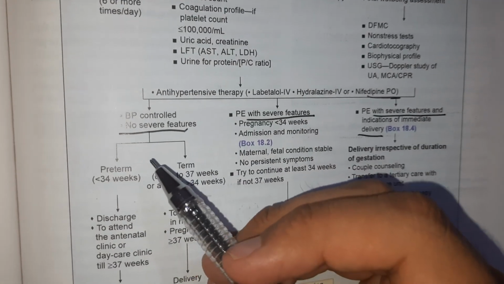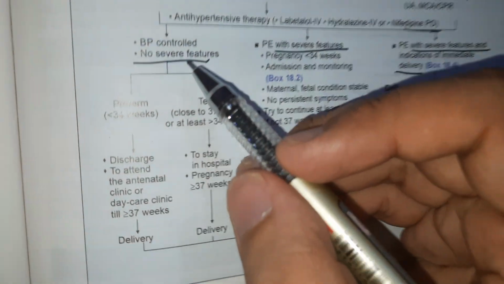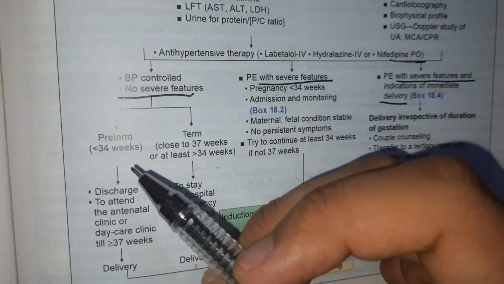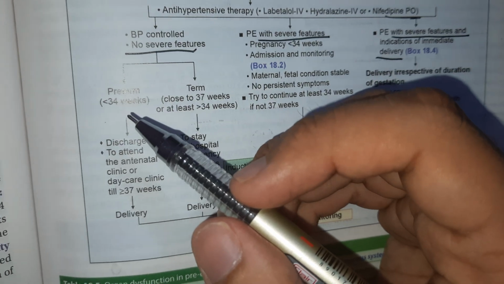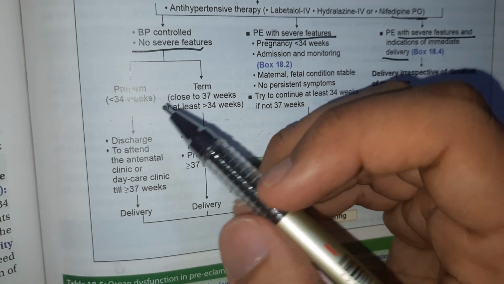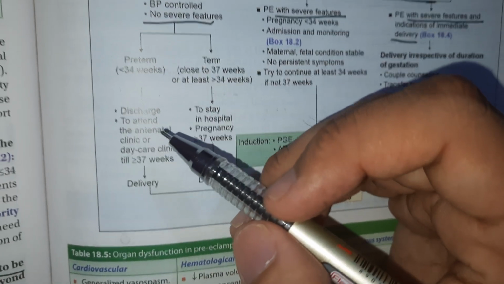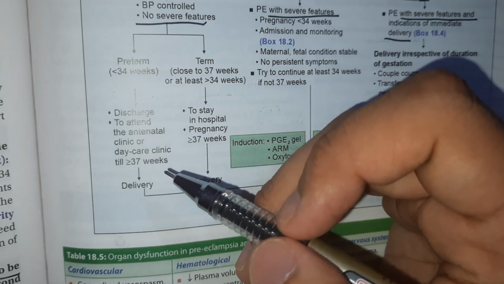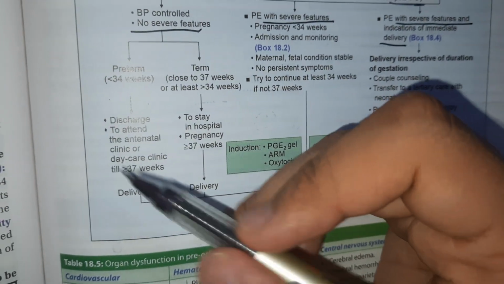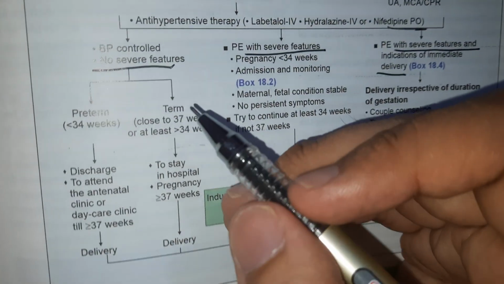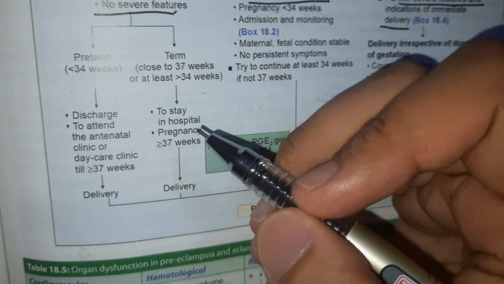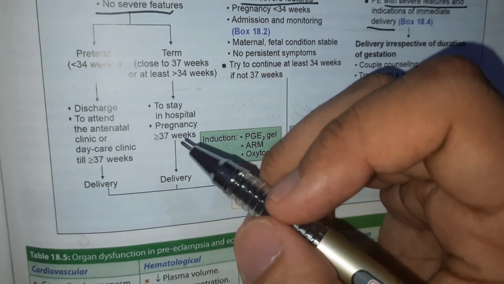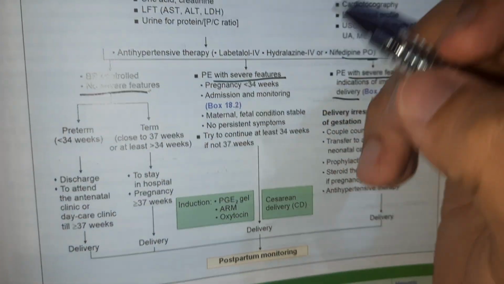If the BP is controlled and there is no severe feature, and the woman is preterm, less than 34 weeks, then we discharge her to attend the antenatal clinic or day clinic until 37 weeks, and finally we do delivery. If there is term pregnancy close to 37 weeks, or at least greater than 34 weeks, she stays in hospital, and the delivery is done at 37 weeks or more.